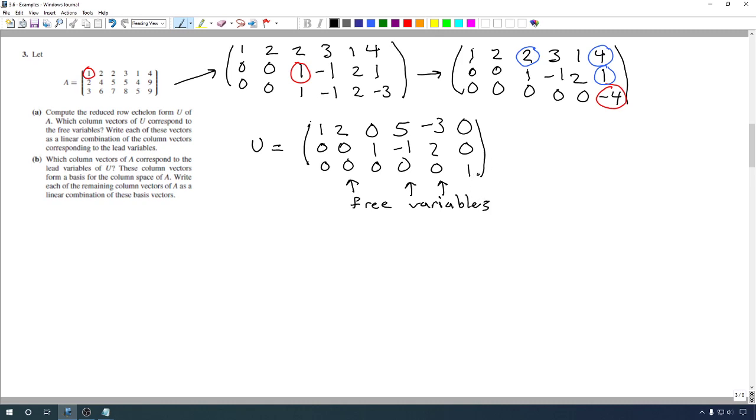Write each of these vectors as a linear combination of the column vectors corresponding to the lead variables. So we're going to do the same thing that we did in problem 1, in our first problem. We're going to think about what is the relationship between the ones that actually do have leading ones and the ones that don't have leading ones.